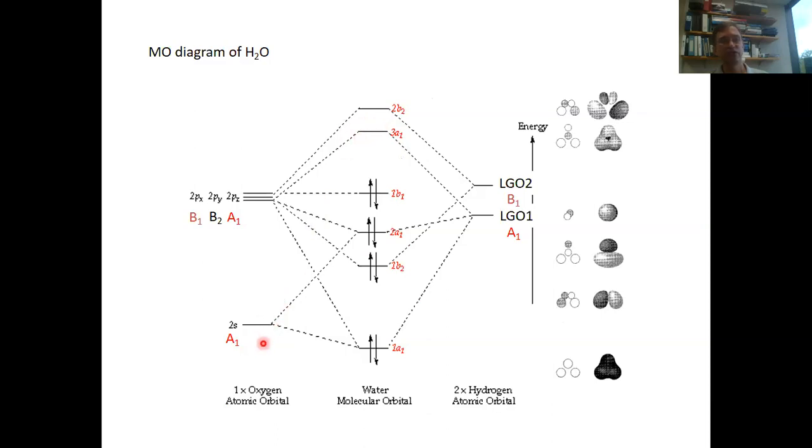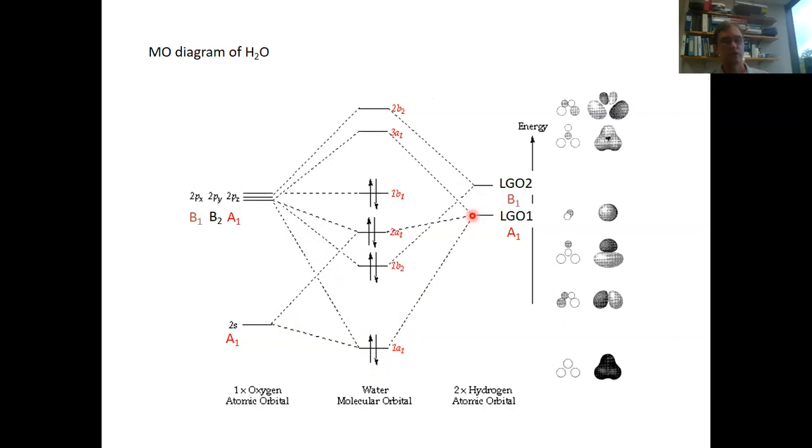Sometimes in the literature the dotted lines are not drawn. One could, however, also draw a dotted line between this orbital and this orbital because they're the same symmetry types. So you see that this A1 has contributions from the 2p, the 2s, and LGO1. This 1A1 has contributions from the 2s, 2p, and LGO1.